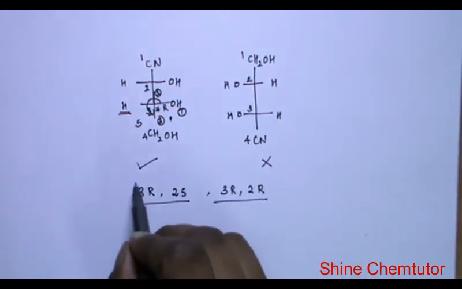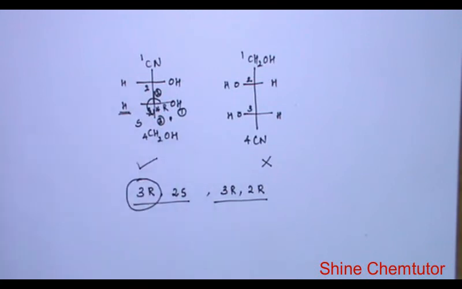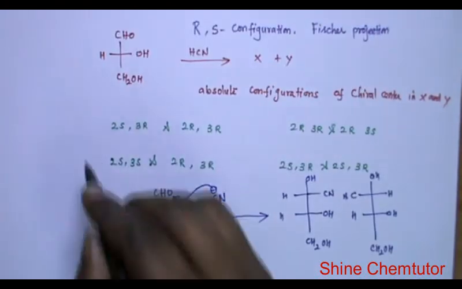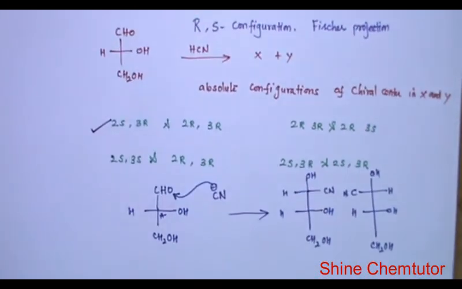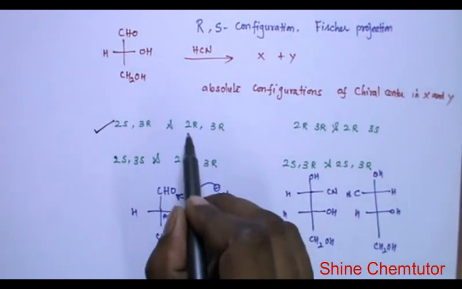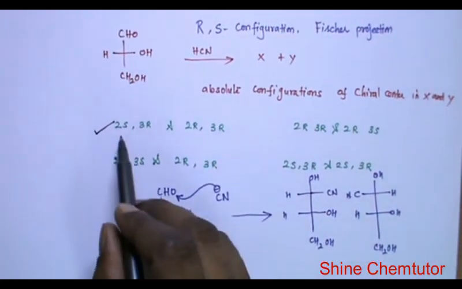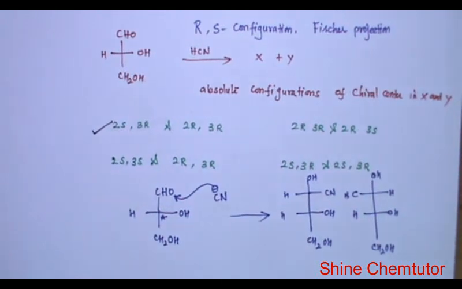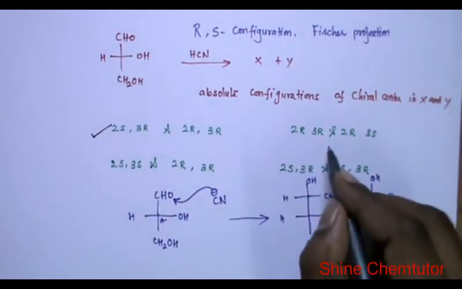In both diastereomers, this chiral center is the same. On the second carbon, it just got reversed. So that particular option has been given as the first one. You can see 2R,3R is one and 2S,3R is the other one.